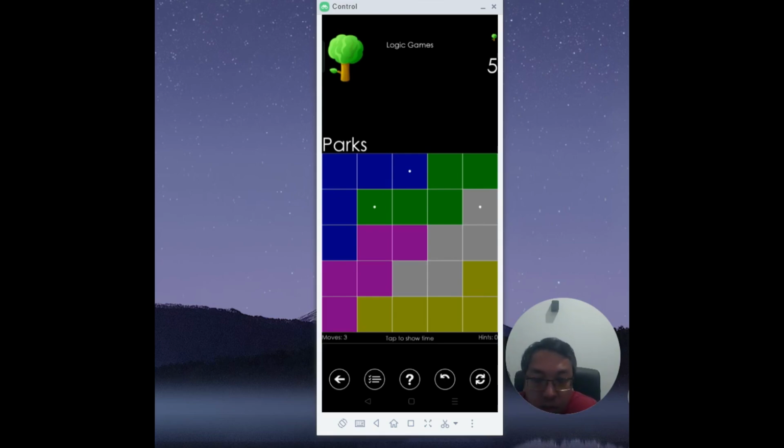Okay, what else can we remove here? Okay, the first column, third row also cannot have any tree, because it will remove the possibility of putting any trees on the magenta one.